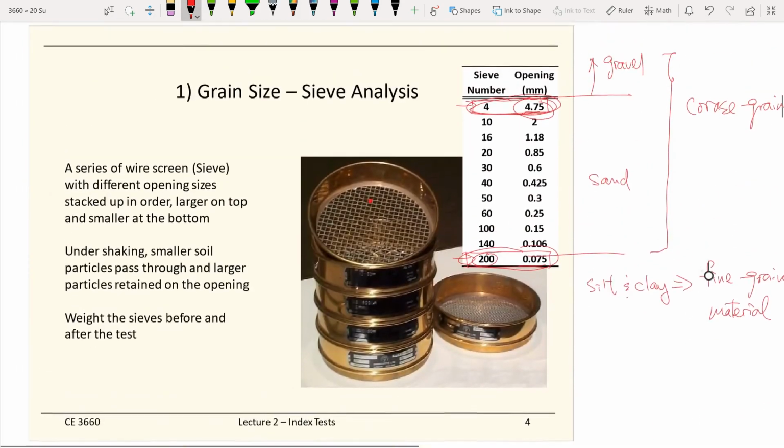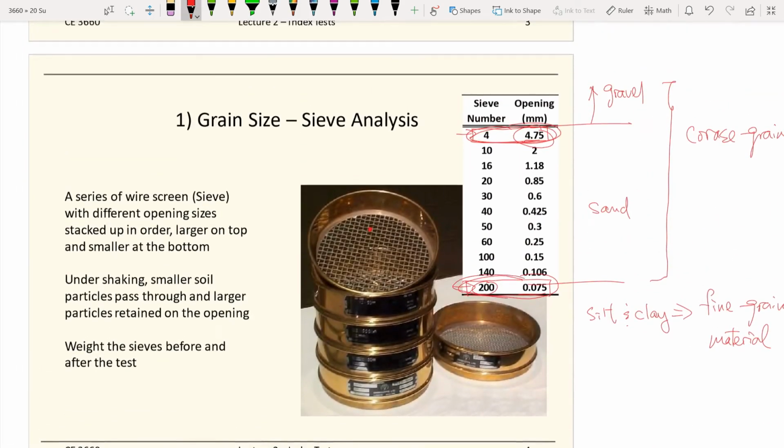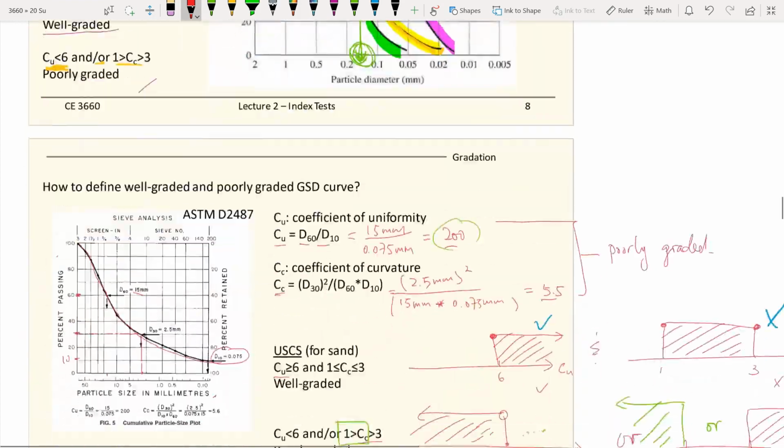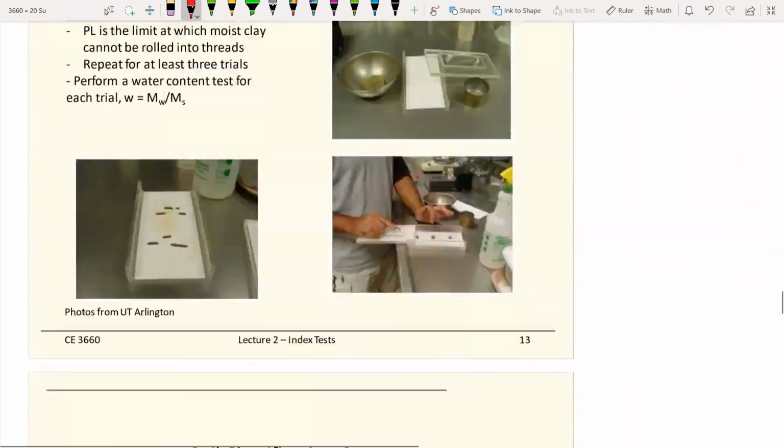Likewise, number 200 is also very important, because number 200 defines the size of fine-grained material. The percent passing number 200 represents the percent of fines. So knowing number 4 and number 200 is very important.